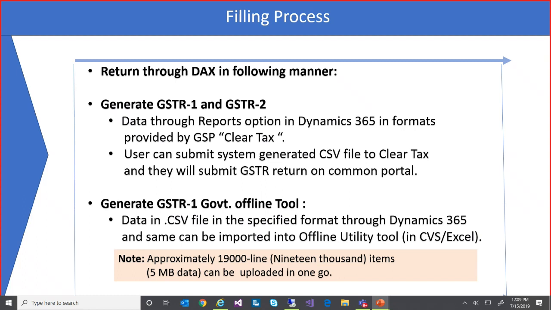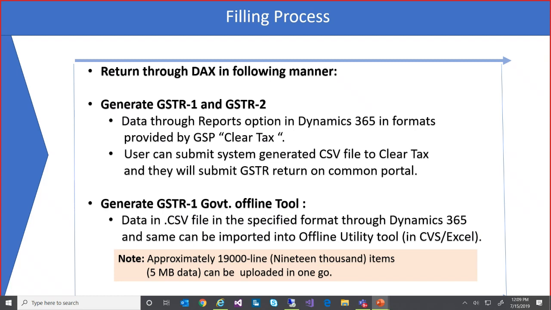In this case, the user will generate GSTR-1 and 2 in the format provided by ClearTax, and then submit the forms to ClearTax, and ClearTax will distribute and regenerate certain files like B2B, B2C, export. They will divide your transactions into different sheets and upload them on the government portal. So you need not do anything.